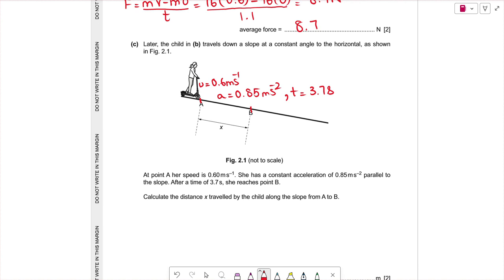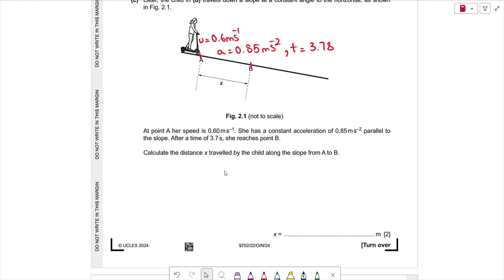Since she is traveling in a straight line, we can use a straight line equation of motion, which is s equals ut plus half at square. You have to identify which values are already known to you, and based on that we choose the equation. The other two equations are v equals u plus at, and v square equals u square plus 2as.